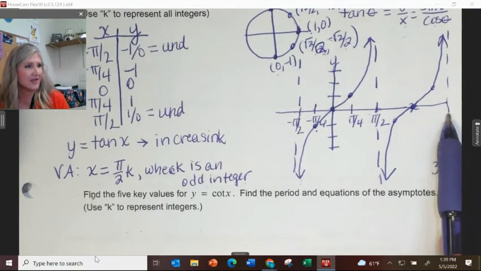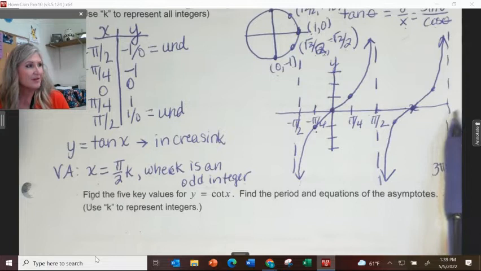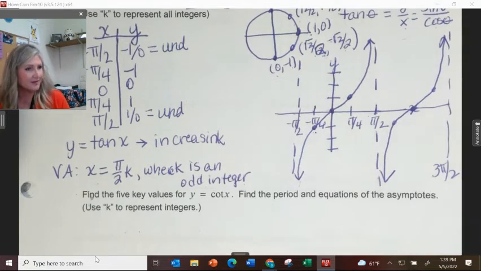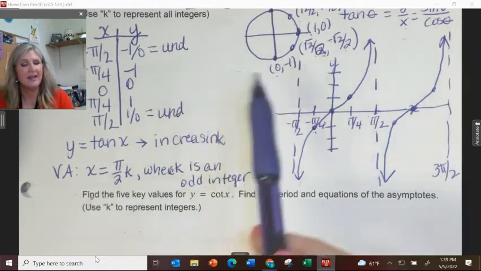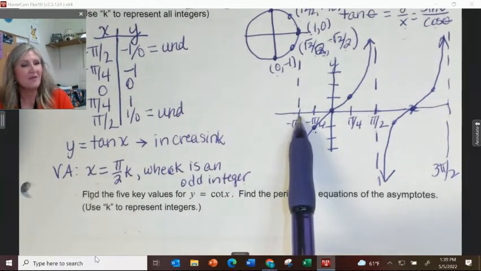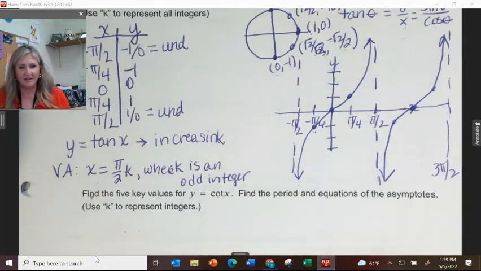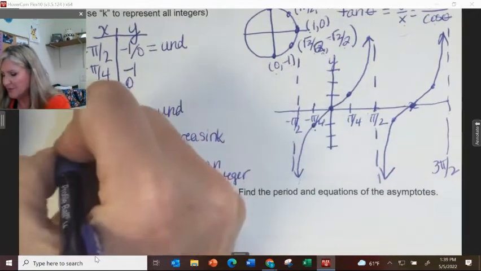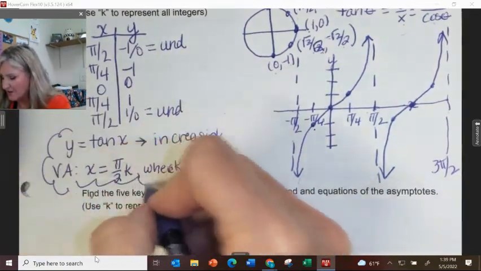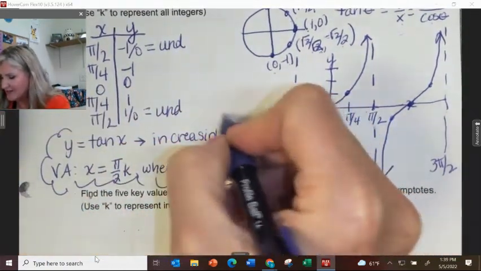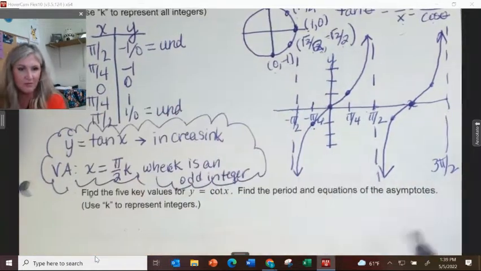Where's the next vertical asymptote? 3 pi/2. Where's the next one? 5 pi/2. Where's the next one? 7 pi/2. If we go backwards, -pi/2, then where? Good.